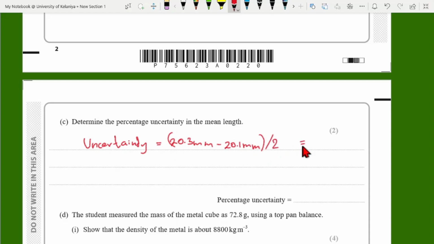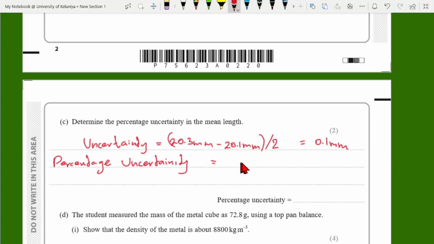If you divide by 2, you will get the uncertainty, so it is 0.1 millimeter. Then we have to calculate the percentage uncertainty. So how can we calculate percentage uncertainty from this uncertainty?